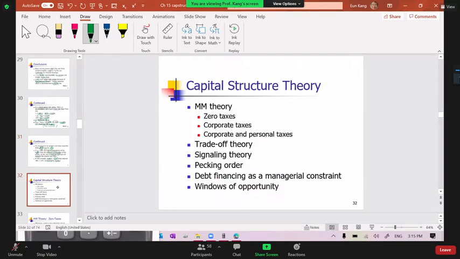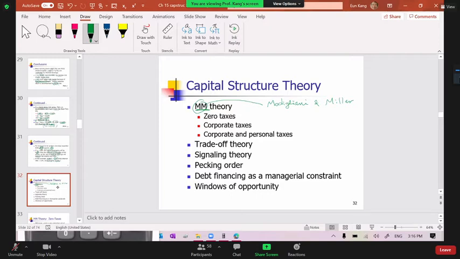So capital structure is very important, as you know. So many theories. First, the rigorous theory of modern finance is MM theory, M&M. It's not chocolate M&M, but MM theory is actually the names of two people: Modigliani and Miller.